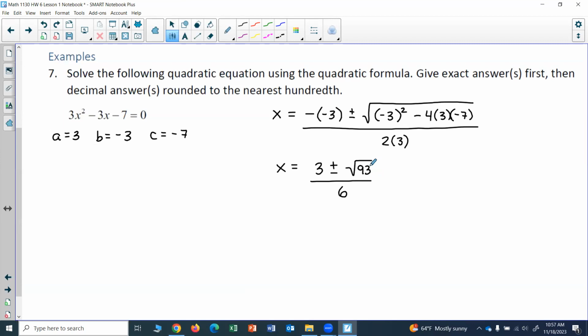Now, I cannot simplify unless I have a common factor of the two terms on the top that would cancel out something from the bottom. Now 3 and square root of 93 do not share a common factor. So this would be my final answer. These would give me the exact answers.